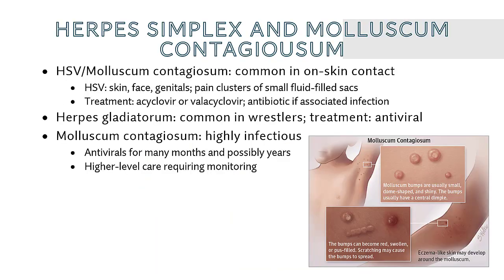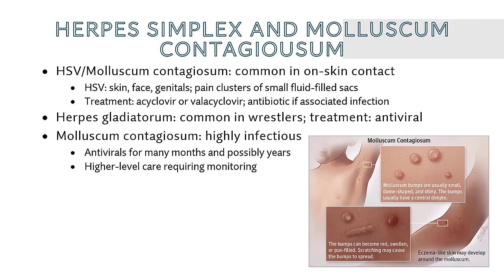Viral skin infections, including herpes simplex and molluscum contagiosum. Two primary viral infections prevalent in the athletic training populations are herpes simplex and molluscum contagiosum. Herpes simplex virus infection is common among athletes, especially those engaged in full skin-to-skin contact, such as wrestling or rugby.